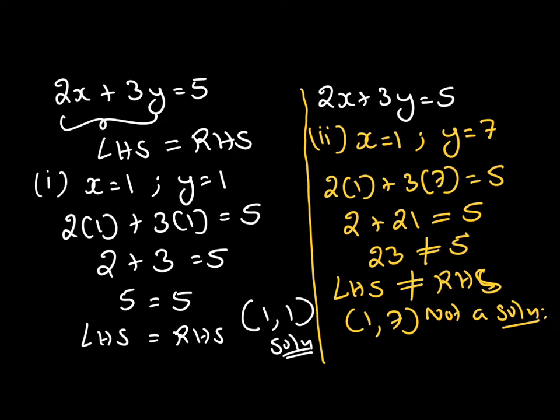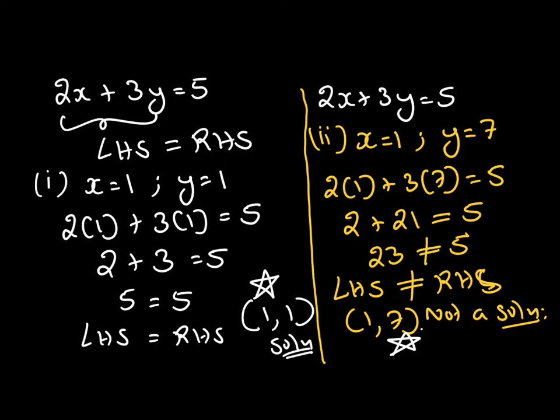What does it mean graphically? When we say 1, 1 is a solution of this equation, it means the point 1, 1 lies on the line representing this equation. And when we say 1, 7 is not the solution of the equation, it means that 1, 7 will not lie on the line representing this equation.